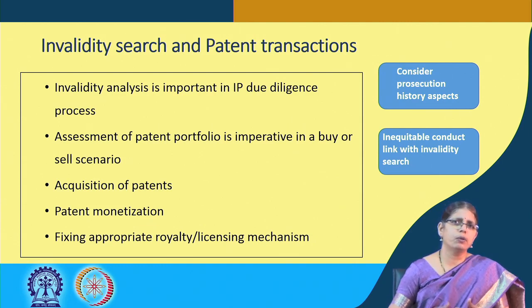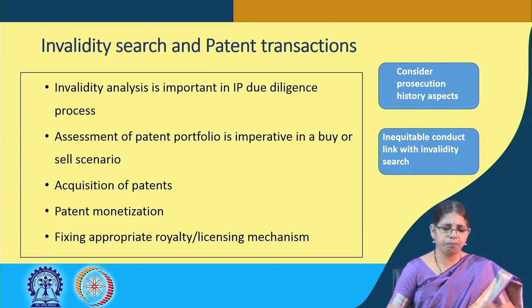So, your negotiating ability becomes better if you could bring in this aspect that, well, there are other patents which are more useful than this particular patent. So, why is it that I need to pay more for this patent? So, one can actually go into that kind of ability to negotiate if you have done the invalidity search well.